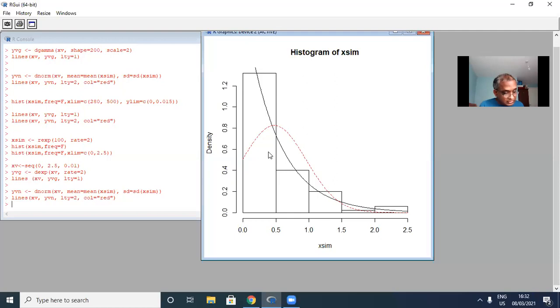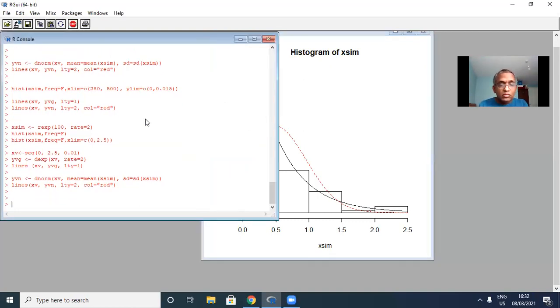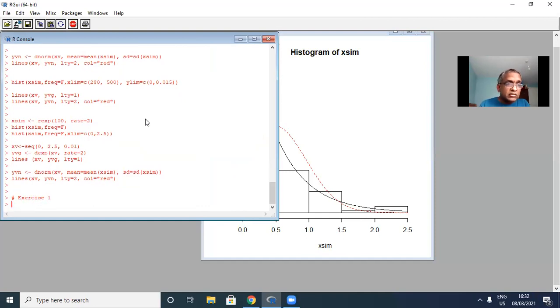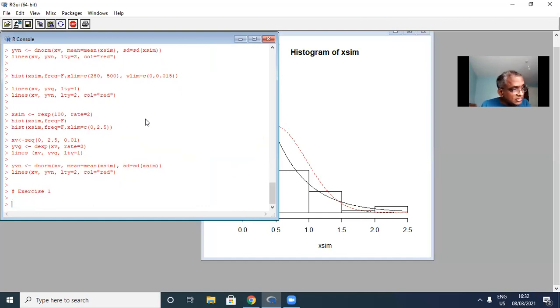So can we start with the first one, please? Can we start with exercise 1 of the tutorial sheet, right? So this is exercise 1. You've got a binomial.